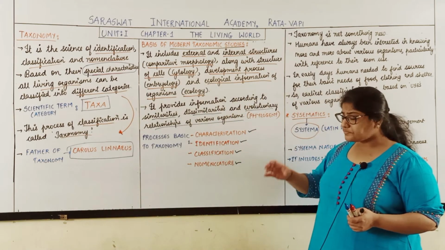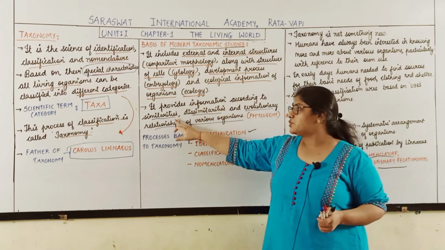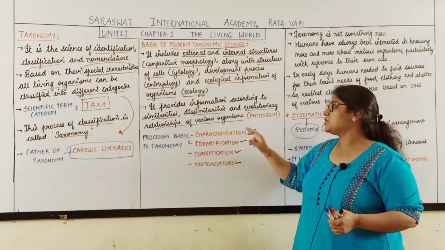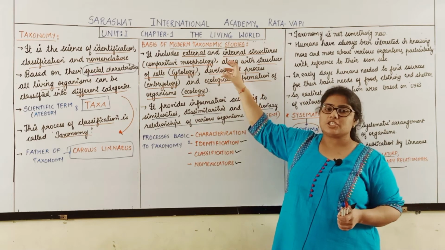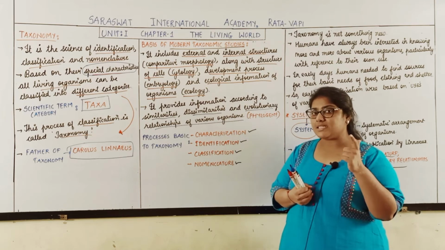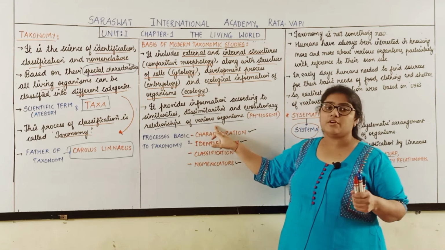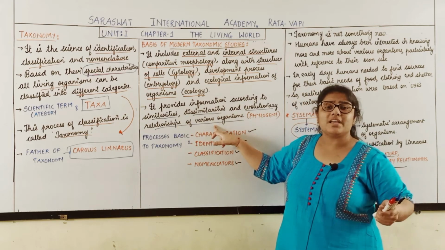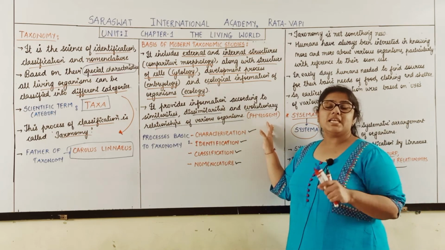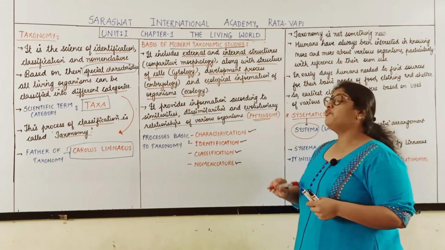Now students, all these structures provide us the information according to the similarities, dissimilarities and evolutionary relationships of an organism. How one organism has evolved from other organisms. And that field which deals with the evolution of an organism is called phylogeny.